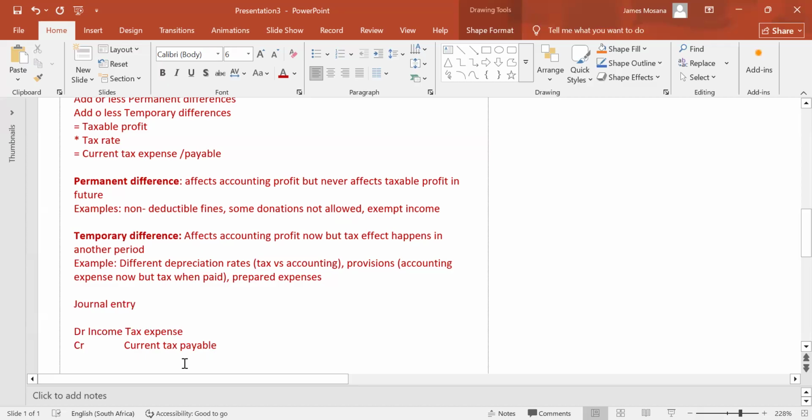So now, obviously, if SARS already paid provisional tax, you'll obviously net it off against the payable, right?